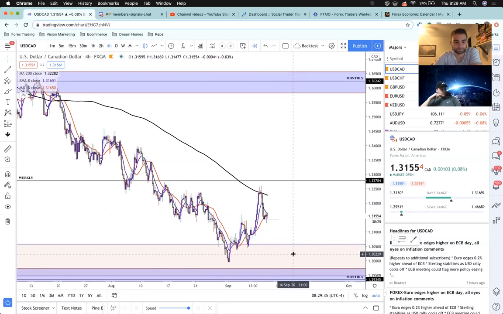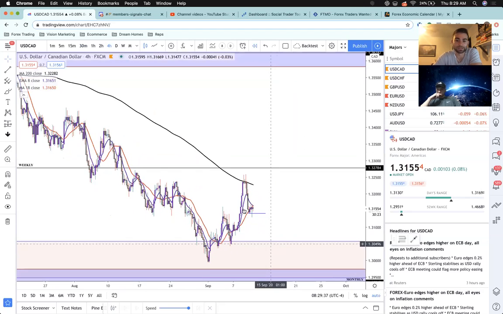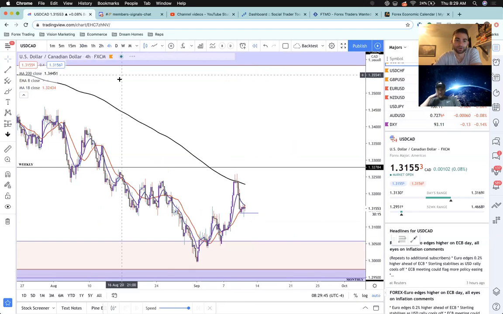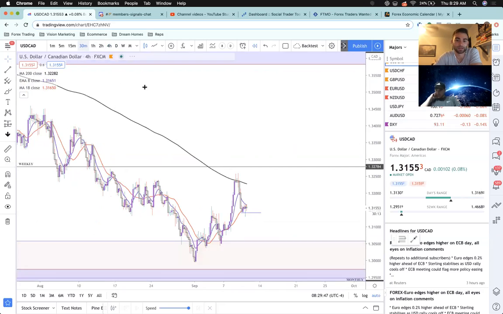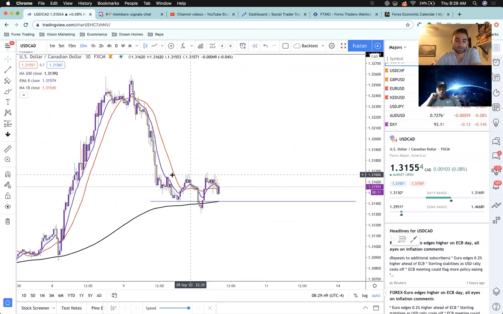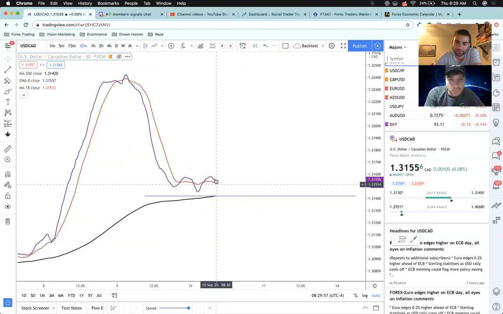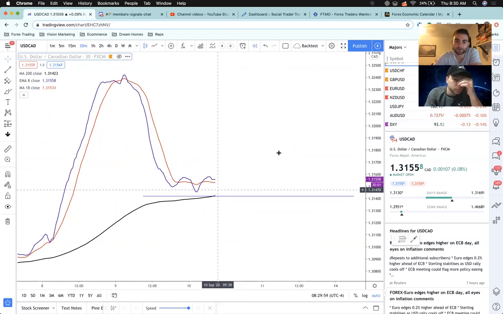So we just have to be patient on this right now, trying to line this up with DXY and see if this thing can continue to push. So yeah, no real opportunities at the moment. Aggressively, if you wanted to short this based on this double top, if this thing does reject and the moving averages right here do cross, we can see how they're still very bullish right now.